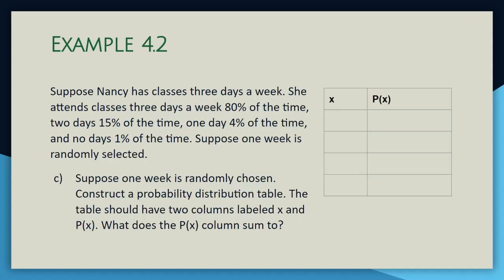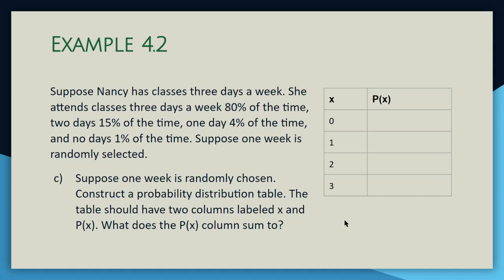The last one is going to ask us to do a little math. It says, suppose 1 week is randomly chosen, construct a probability distribution table. We can see the table here has been labeled with 2 columns, X and P of X. Now we need to fill these values in. We already know from part B that X goes from 0 to 3.